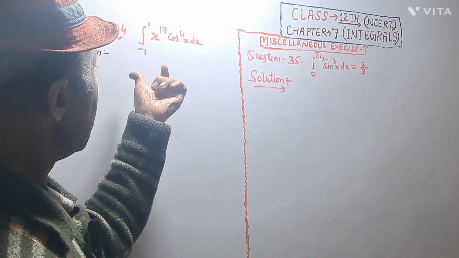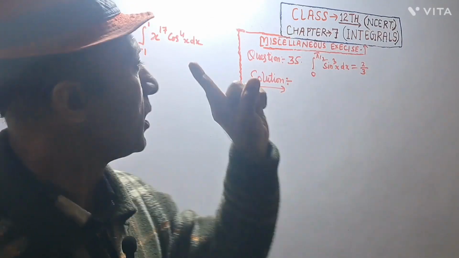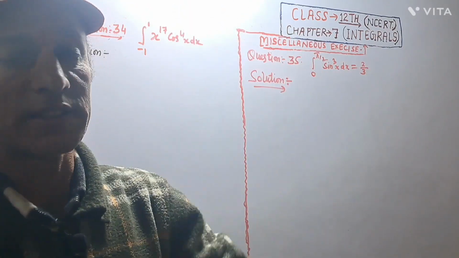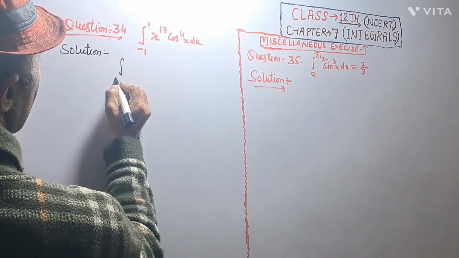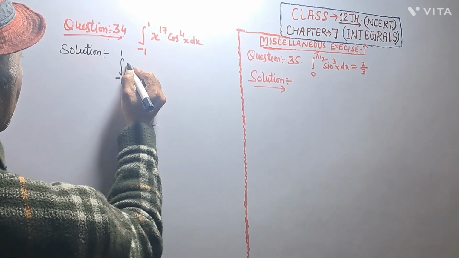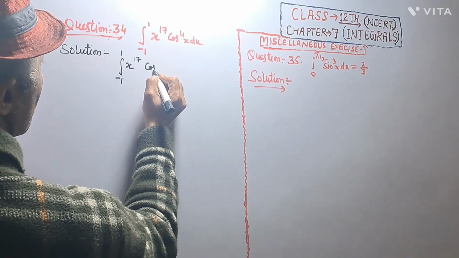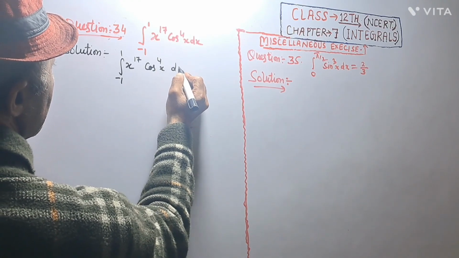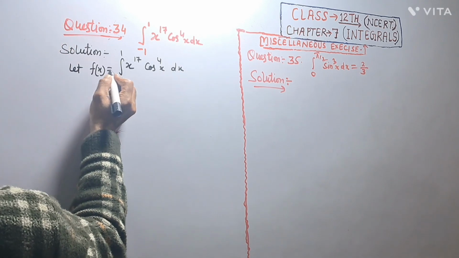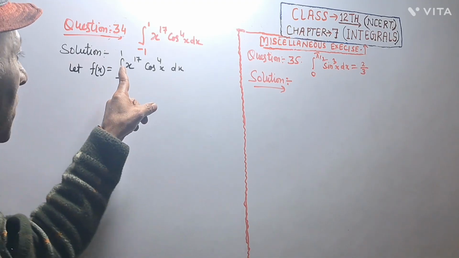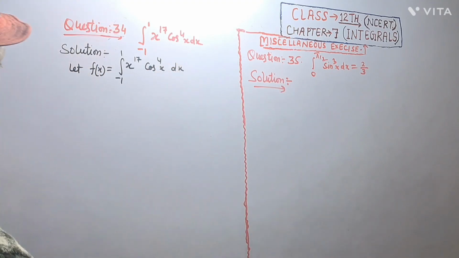Question number 34. Integration from minus 1 to 1 of x raised to power 17 cos 4x dx. Let f(x) be equal to the integral from minus 1 to 1 of x raised to power 17 cos 4x dx.